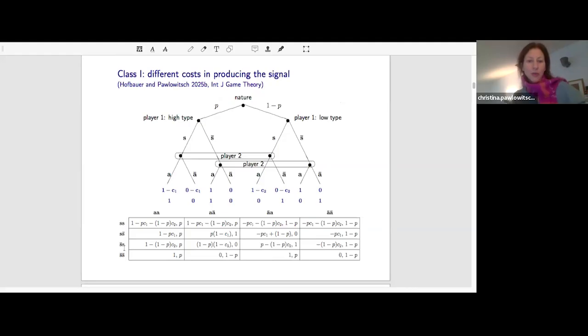We use the convention here that the strategy SS bar means what is written in the first position is the action of the high type, and in the second position, the action of the low type. And for player 2, it's accept or not accept.